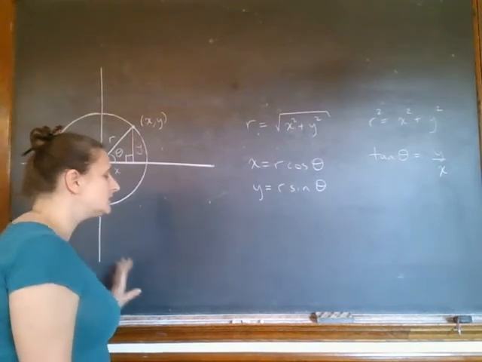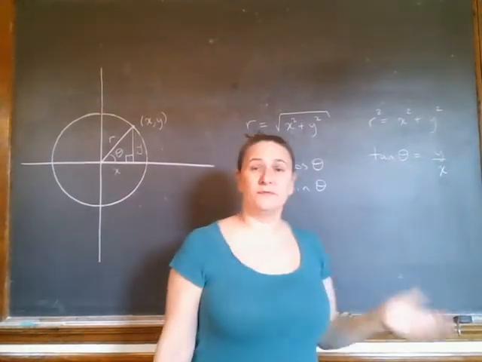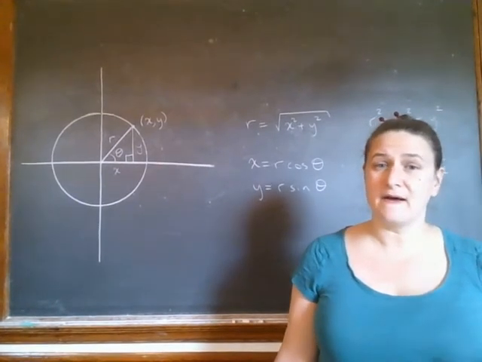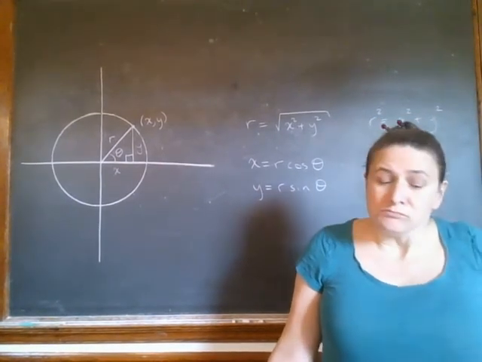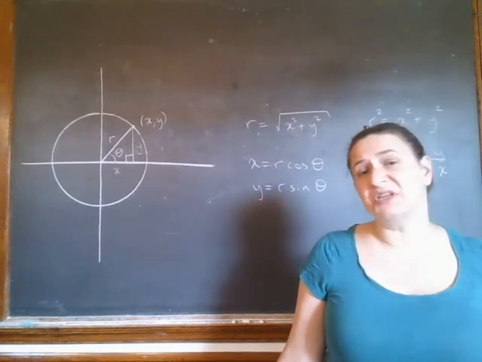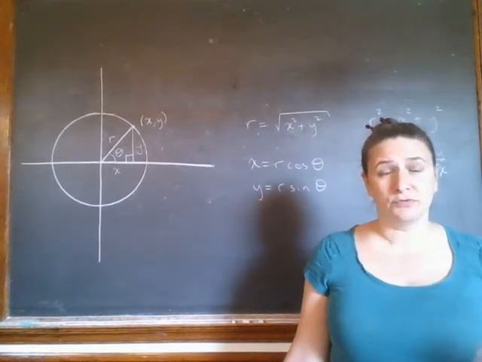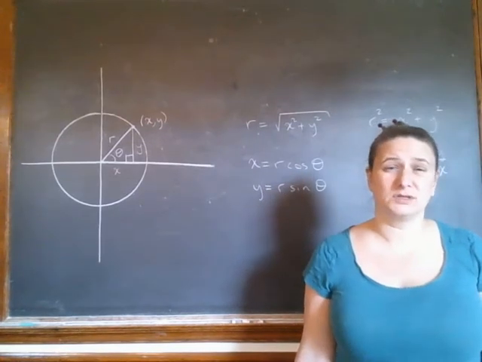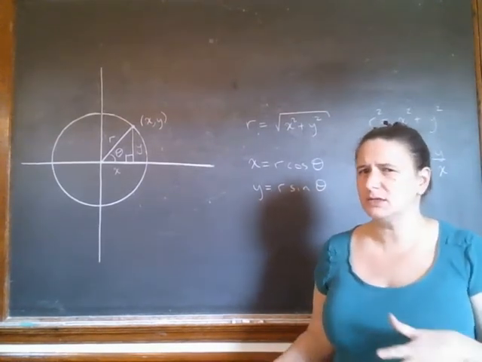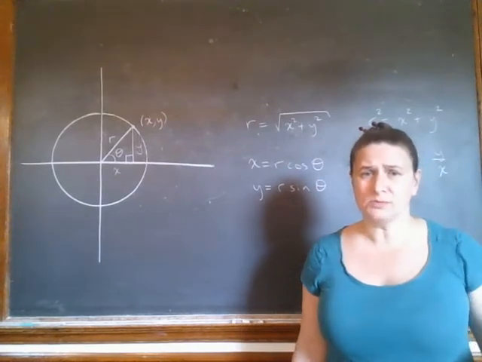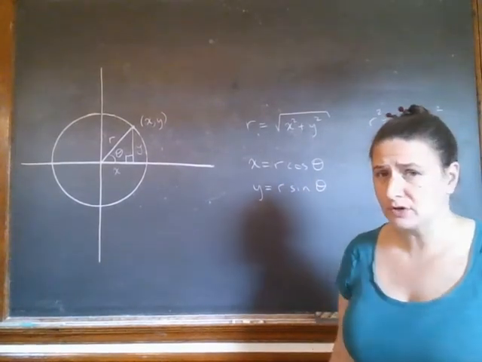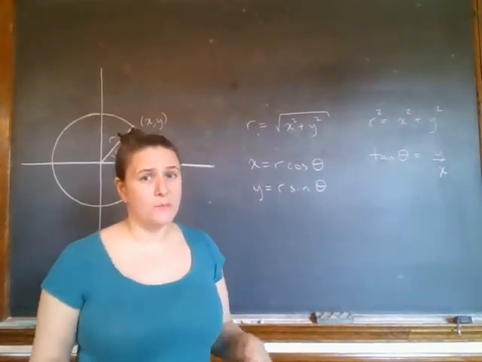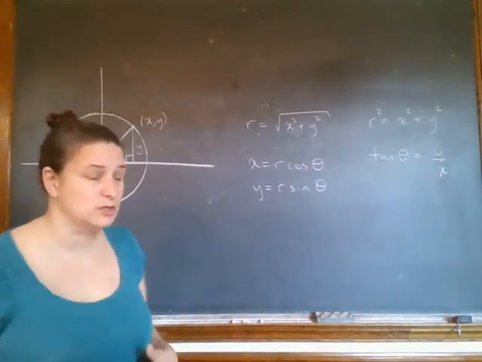The confusing thing for a lot of people is using negative values of r. You don't see that much in Calc 3. We try to avoid it if possible, just because it makes everything a little bit messier. So yes, we have to learn how it works, but if that's the one thing that you have a lot of problem with, I wouldn't worry about it that much.